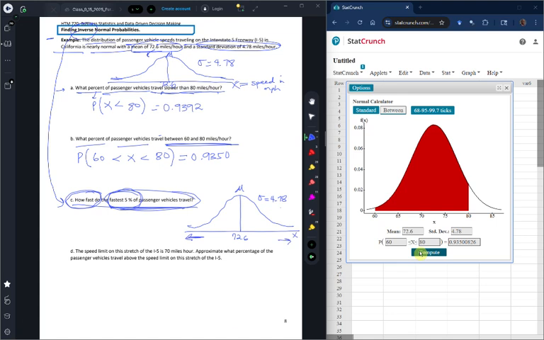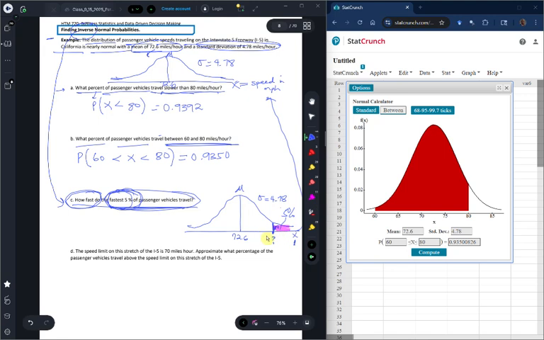I would say the upper end, since they're the fastest, and X here, the speeds, should be the larger speeds. So I want the fastest 5% up here, which means I'm already given the area. What I'm finding is the cutoff for the upper 5% of speeds away from the lowermost 95%. To do that, I can use StatCrunch.